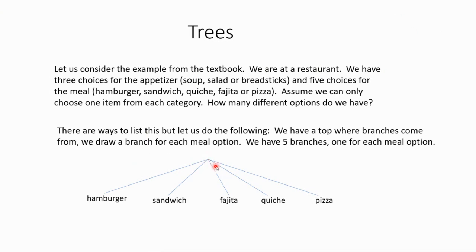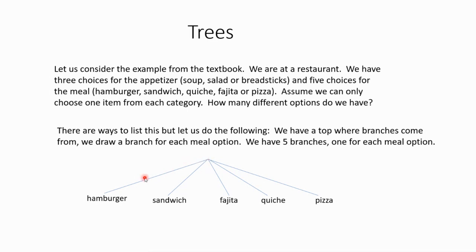So in a sense, it's kind of like an upside down tree. And from that point, you have branches coming out to each item in a category. In this case, the first category we're going to consider is the meal. I know the appetizer usually comes before the meal, but for the purposes of listing elements in a sample space, it really doesn't matter that much. At least for now, it doesn't.